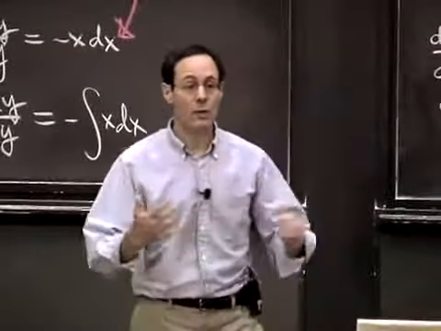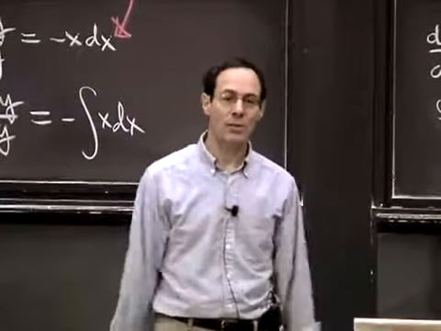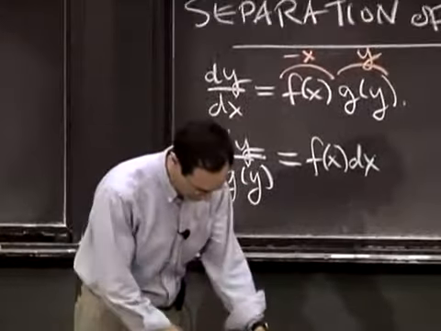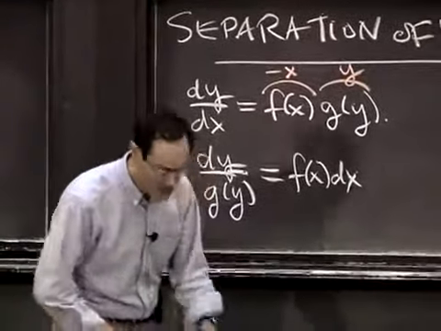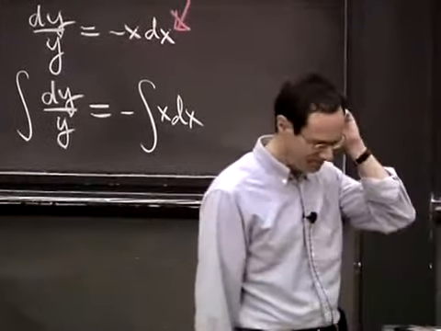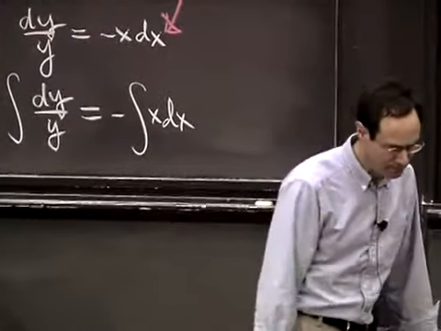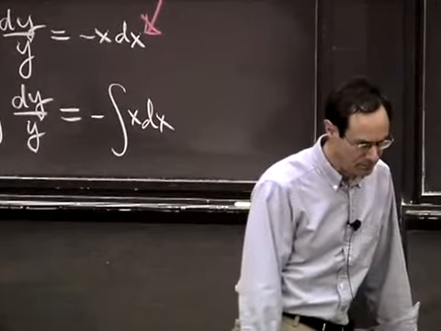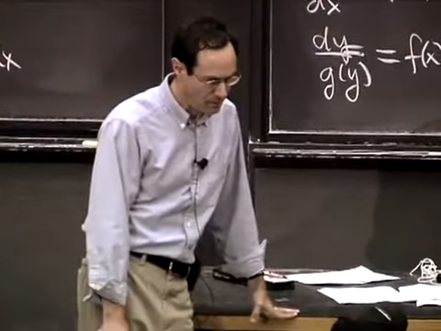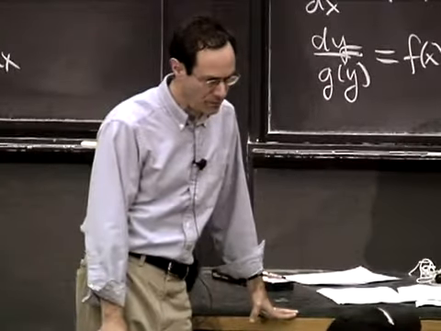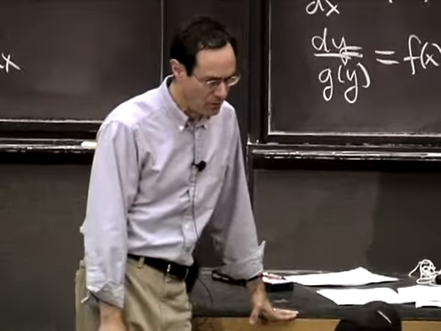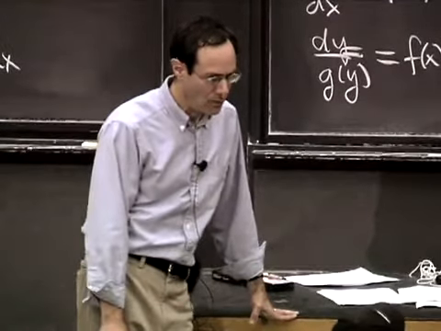Okay, so now we're going to go on to a trickier example. We need one or two more just to get some practice with this method. Everybody happy so far? Question? Yeah.